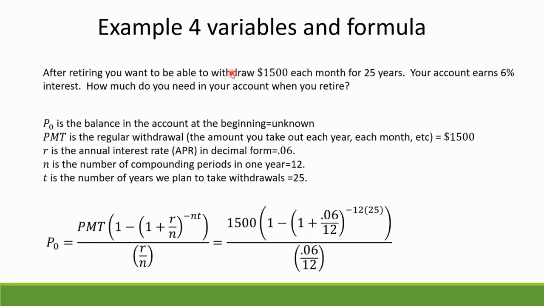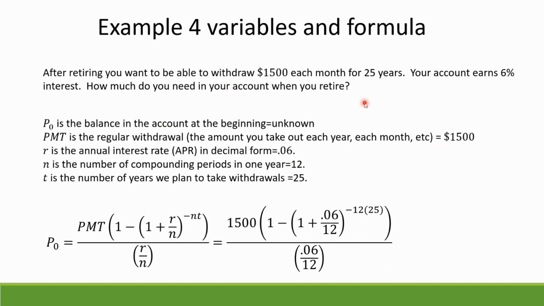So for this example, P0 is what we're looking for. That's the amount in the account. PMT is what we're taking out, $1,500 each month. Our interest, we have to convert to a decimal. N is how often it's compounded each year.